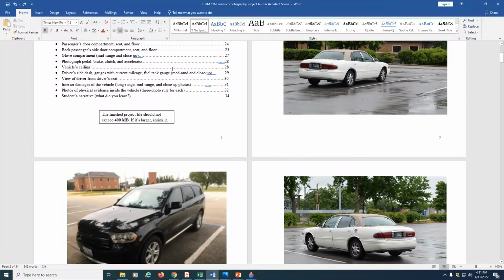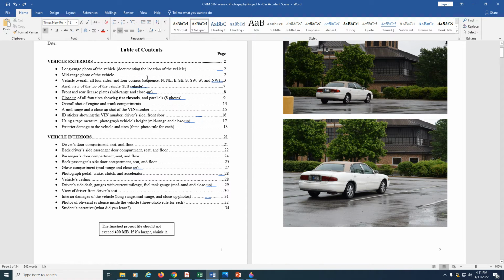Okay, it should be obvious when you look at the car, but you still want people who are looking at this to know where, when they get to the table of contents, if they don't know what direction you're looking, at least give them an idea of whether it be the front, front driver's side corner, or however you want to start, right? Give them a starting point and go from there.